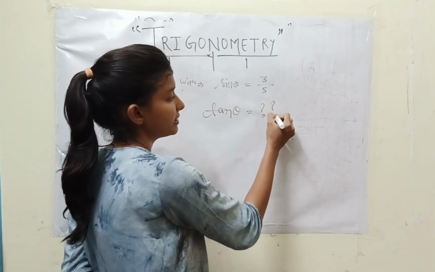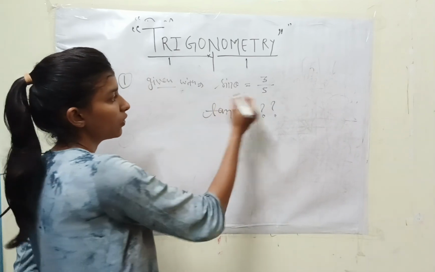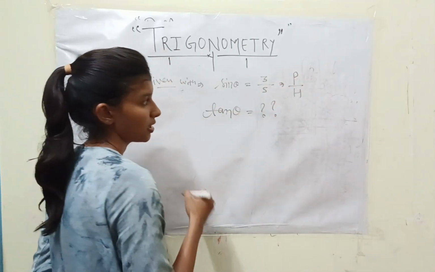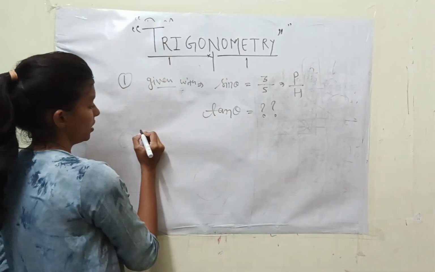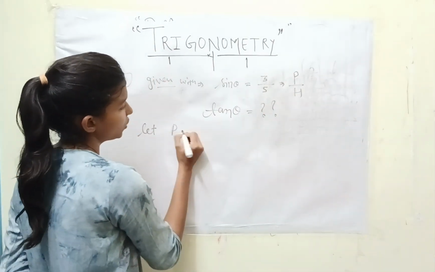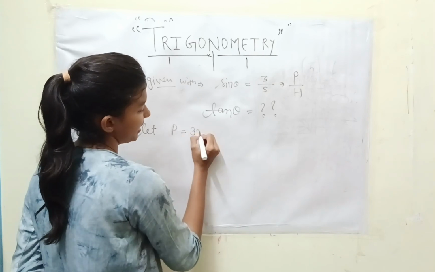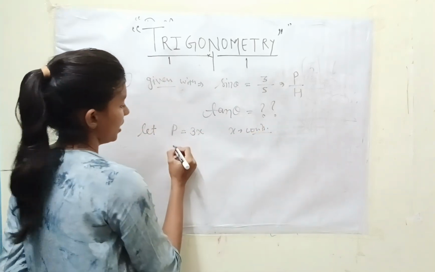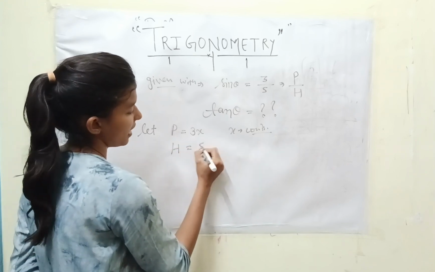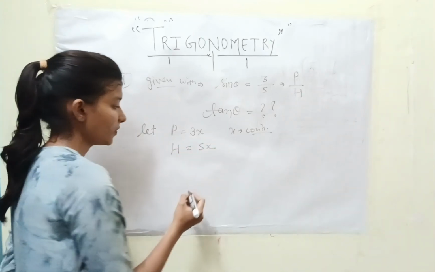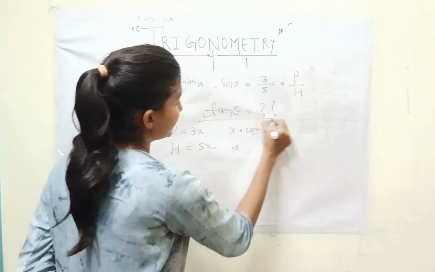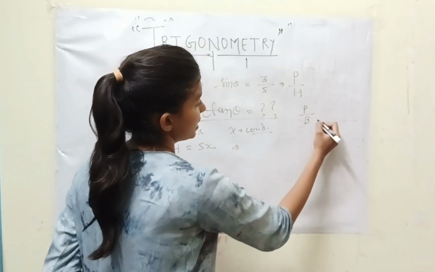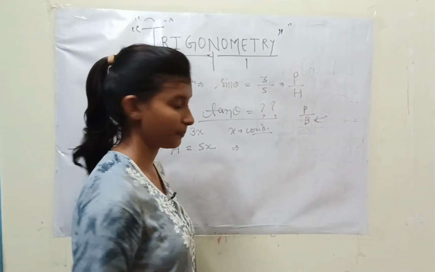So how can we find this? From there, we all know sin theta is the ratio of perpendicular and hypotenuse. Using the ratio, let the perpendicular be 3x, where x is a constant, and the hypotenuse will be 5x. To find tan theta, we require perpendicular upon base. It means we need the measure of the base.